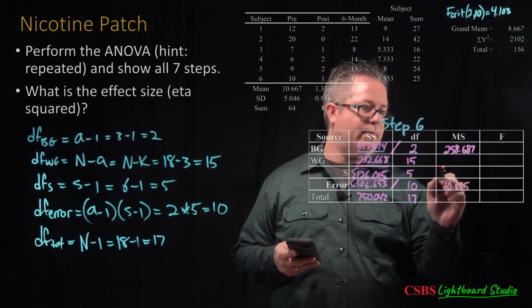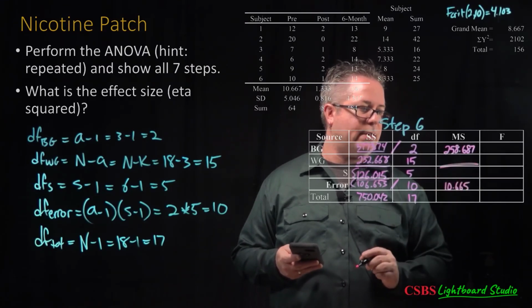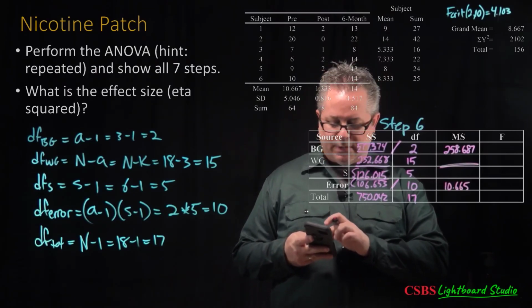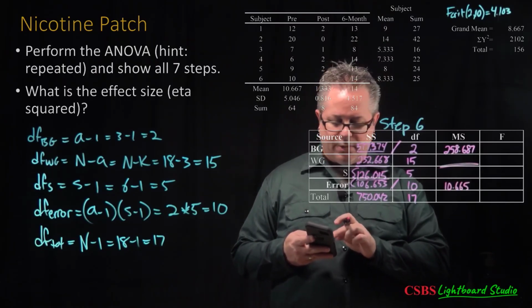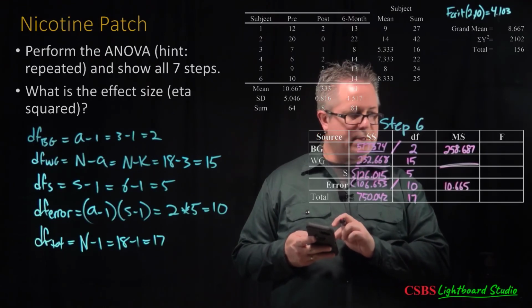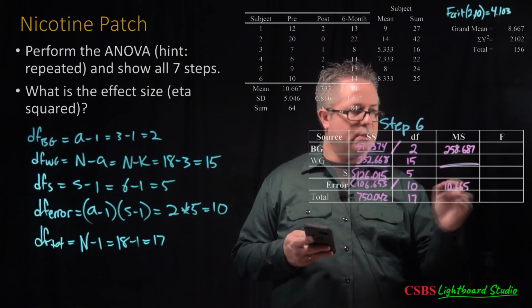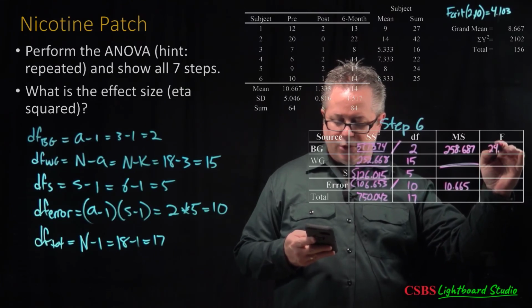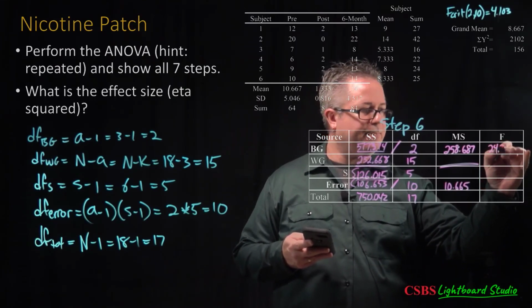Then I'm simply going to divide those two numbers to get my F. 258.687 divided by 10.665 equals a nice large F of 24.256.